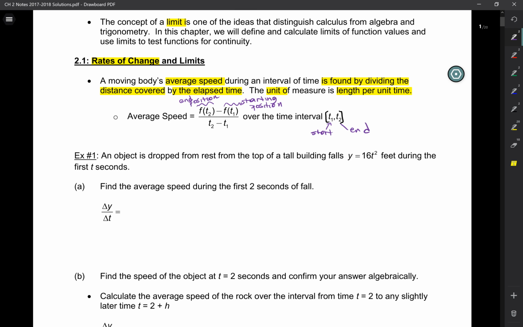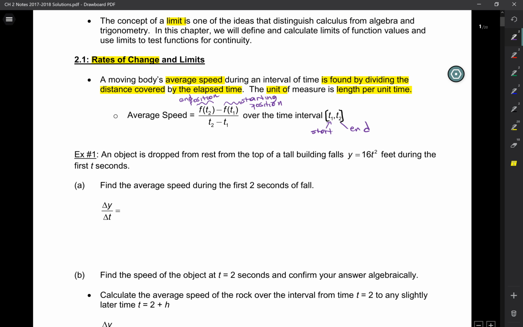So take a look at this. An object is dropped from rest from the top of a tall building, and it falls y equals 16t squared feet during the first t seconds. So this is the number of feet that it falls, so that's the distance. If y equals 16t squared, it's what we were defining before as f of t.